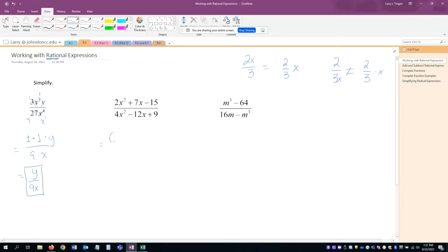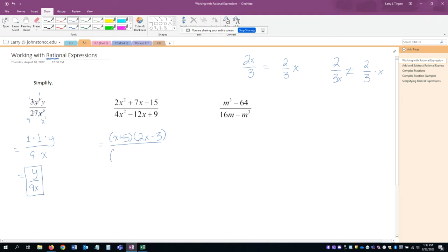I'm going to go ahead and do the factoring for you, because both of these have a coefficient that is not 1. But the numerator factors into x plus 5 times 2x minus 3. If you want to, absolutely check. Multiply these back out and see if you get your numerator.